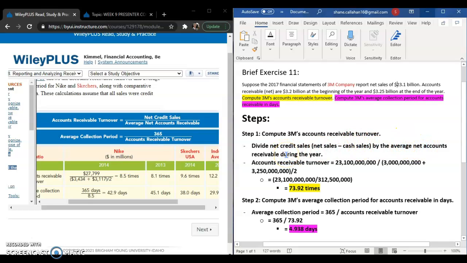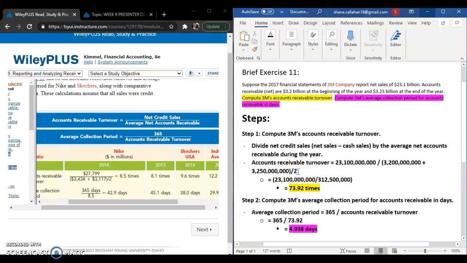And so in the problem, the accounts receivable turnover would equal 23.1 billion divided by, I'm sorry, 3.2 billion plus 3.25 billion divided by 2.